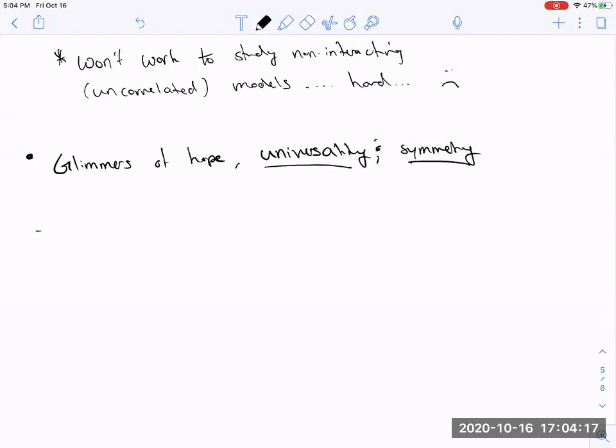Okay, so let's illustrate those two concepts through an example. Let's consider again liquid-vapor coexistence.